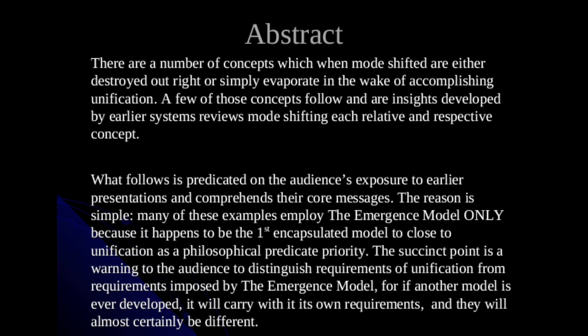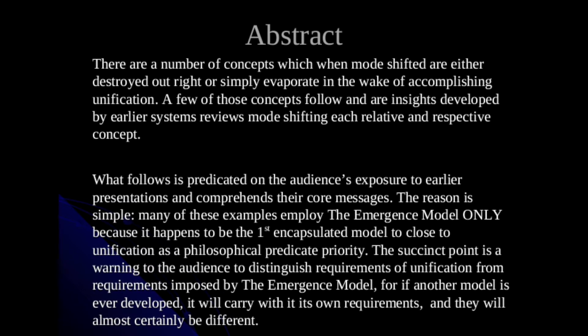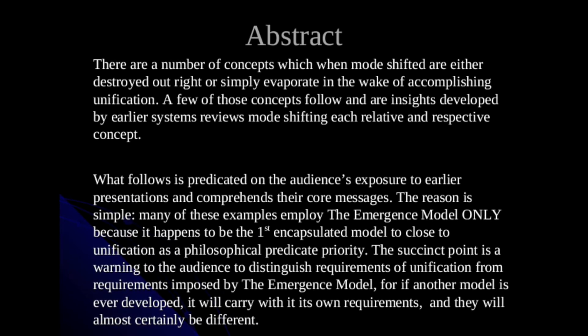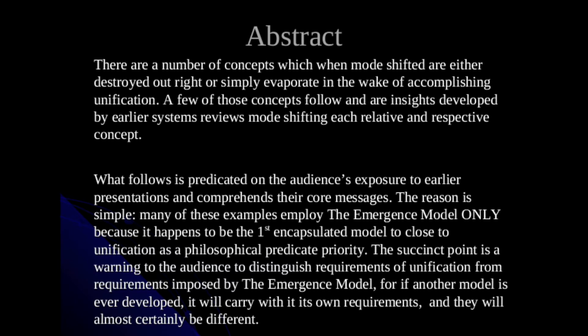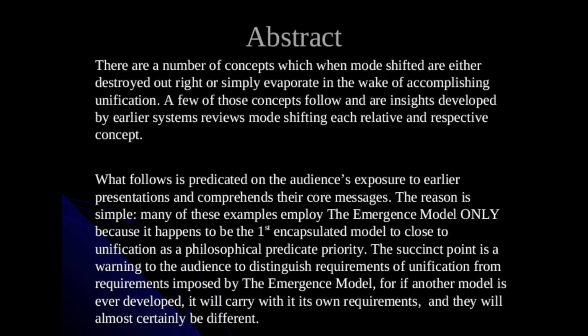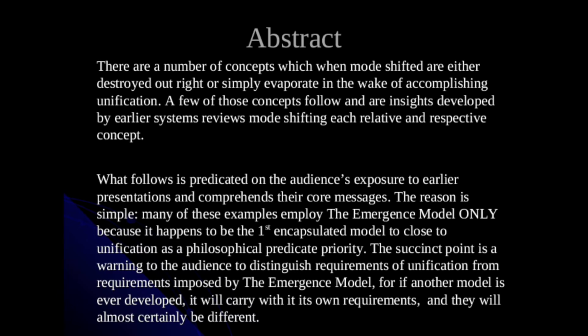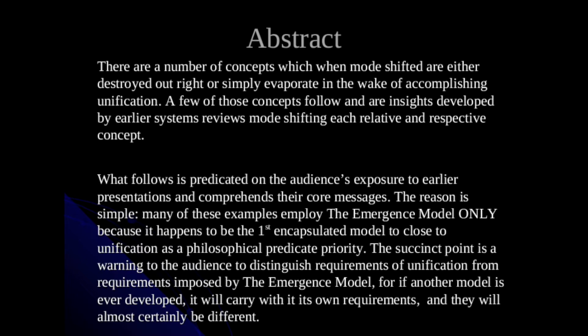It meets what we call the realm of C's. Because the emergence model does, it's used here, and because it happens to be at this point in time the only one that we have, it's used as the example. But that may not always be the case, and so we encourage you to take that into account from a situational awareness point of view.